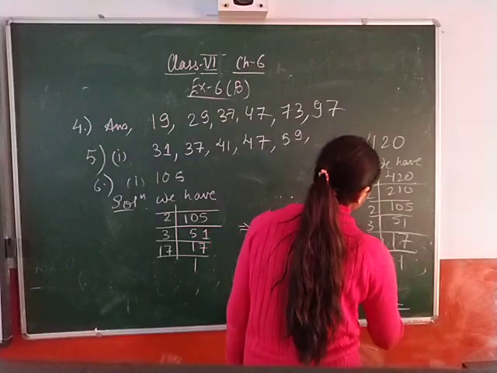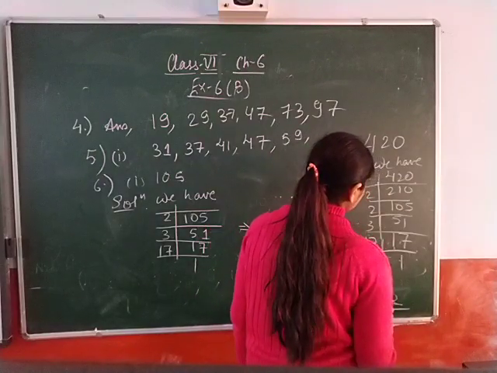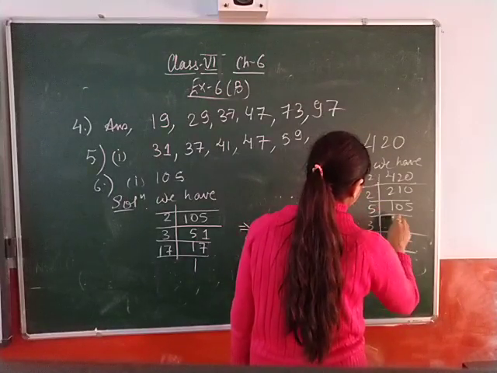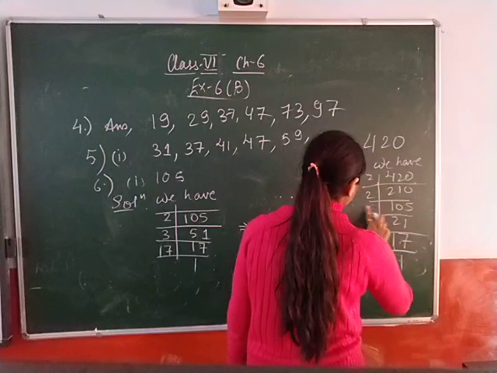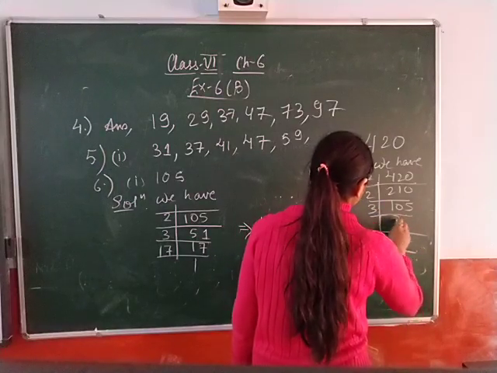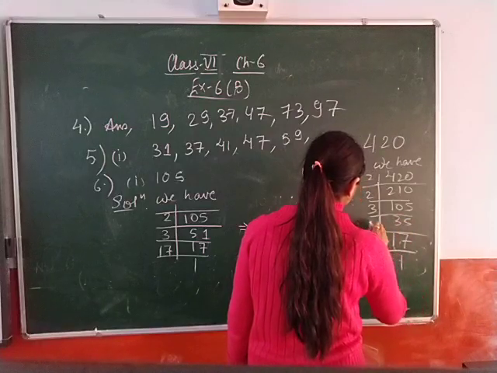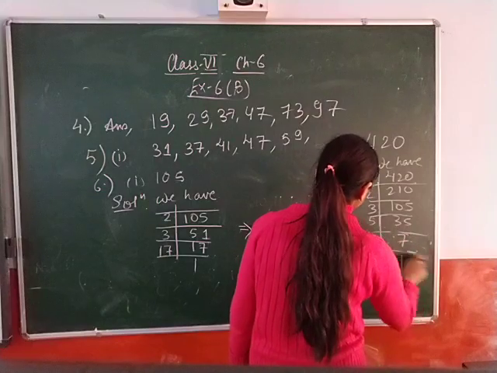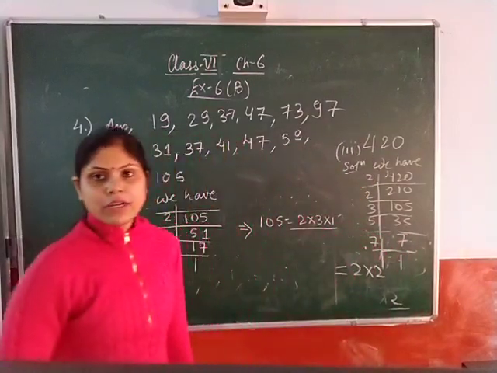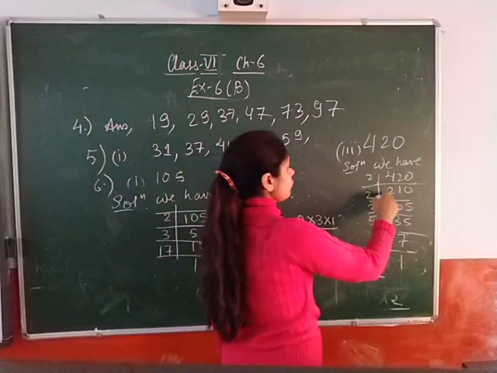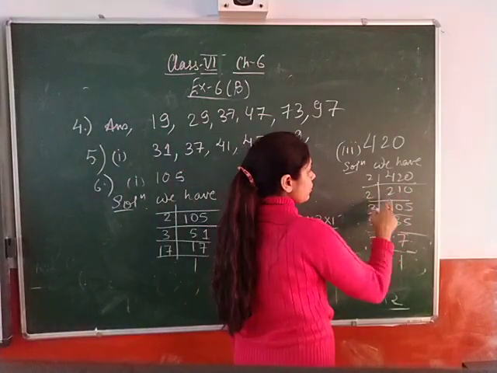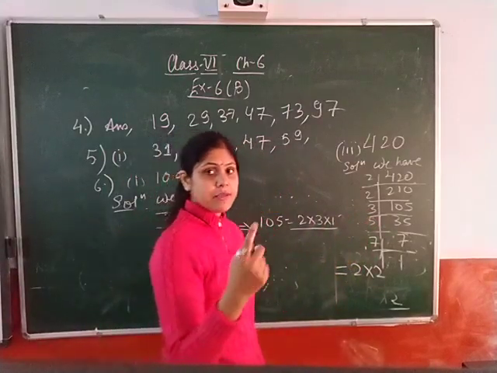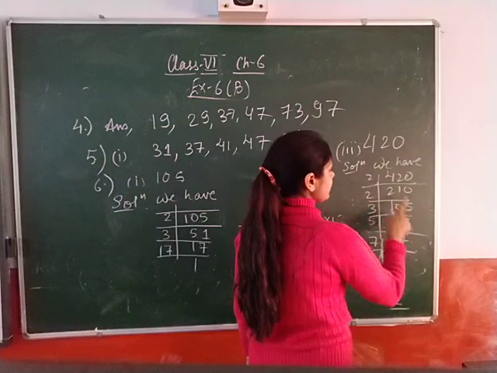2 into 2 into 2 into... Then 2 fives are 10.